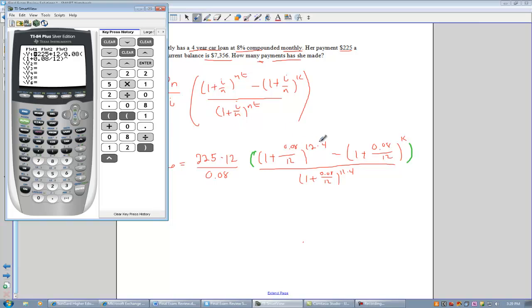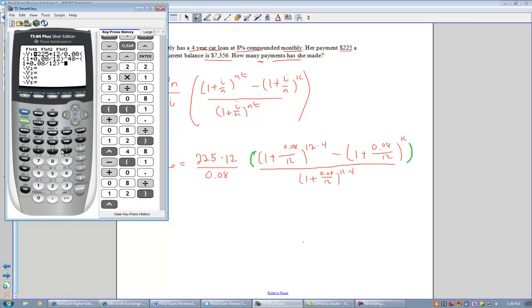Now if I want to raise it to the 12 times 4, I have to put parentheses around that, but I know 12 times 4 is 48, so I'm just going to say raised to the 48 minus left parenthesis 1 plus 0.08 divided by 12 in parentheses raised to, and now this is my x.